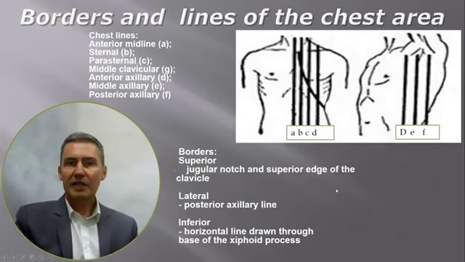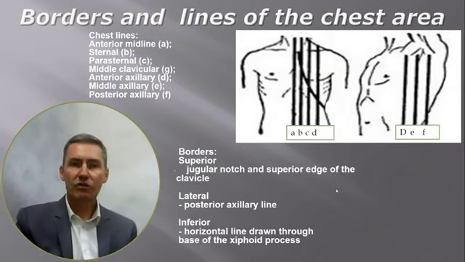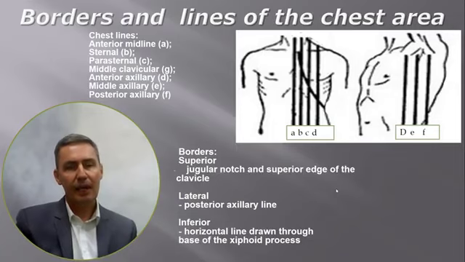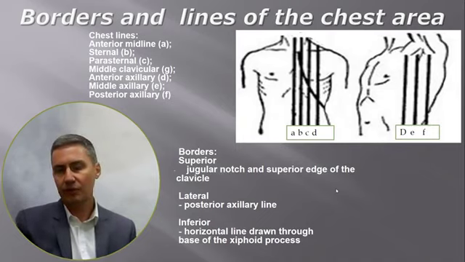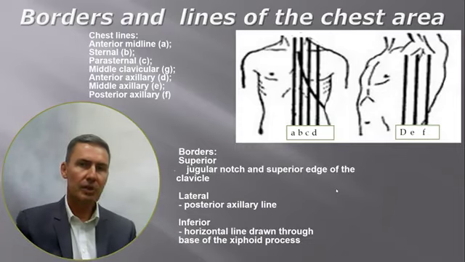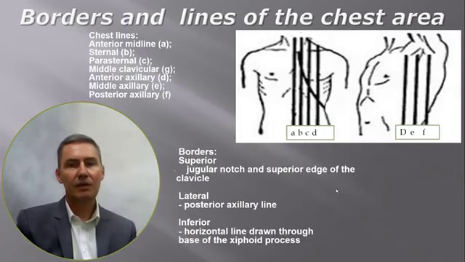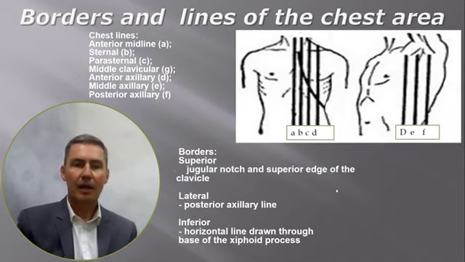In the region of the chest, we can talk about some areas and also some projection lines which are important for the description of the topography of that region, and also in future will be quite important for you in the description of internal organ topography and for the description of the localization of some pathological processes.